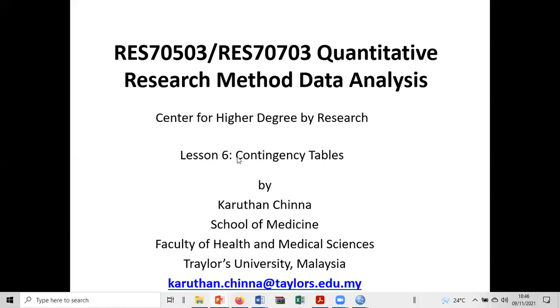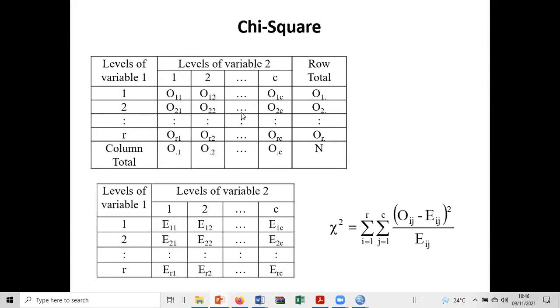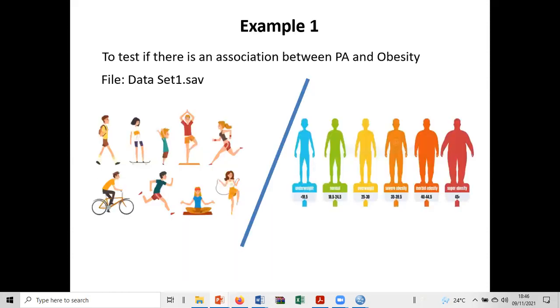All right. So contingency table, lesson 6. Basically, it is qualitative versus qualitative variables. I can go into details of this. An example is an association between physical activity, expressed in our data as rarely, regularly, sometimes, and obesity, whether yes or no. We want to know whether these two are connected.